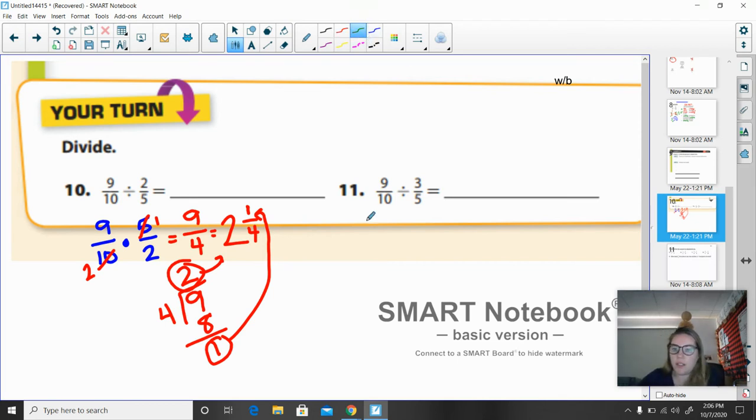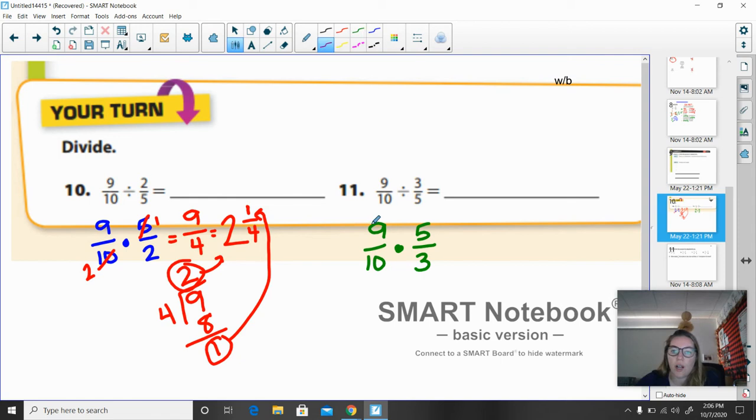Okay, so again, the first thing, because I see that it's a fraction divided by a fraction, I have to copy dot flip first. So I copy down my first fraction, I change my division to multiplication, and I flip my second fraction. Now that I have a multiplication problem, I should know how to do this.